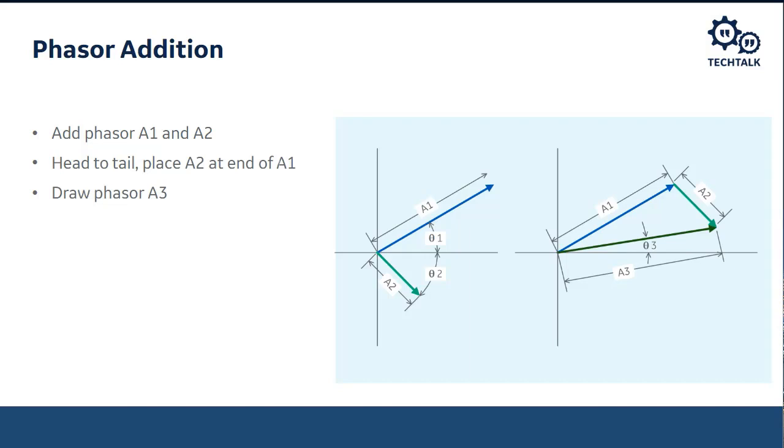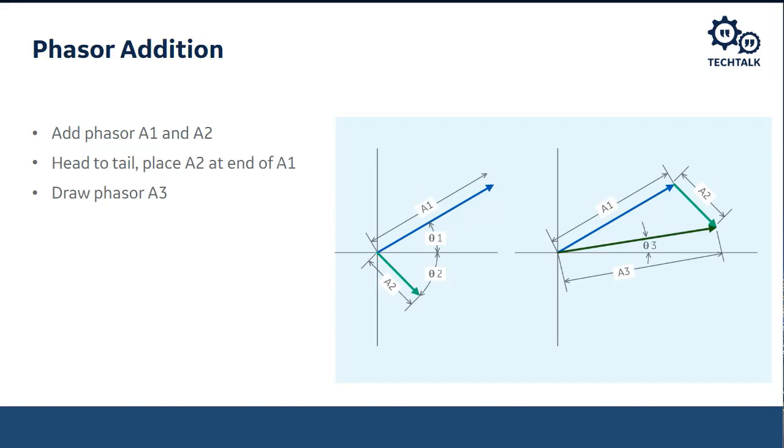So for example, if I want to add the phasors A1 and A2 that are shown on the left there, all I really have to do is superimpose A2 onto the end of A1 and draw a new vector between the origin and the new end of A2, which is this vector that we're showing here, A3.